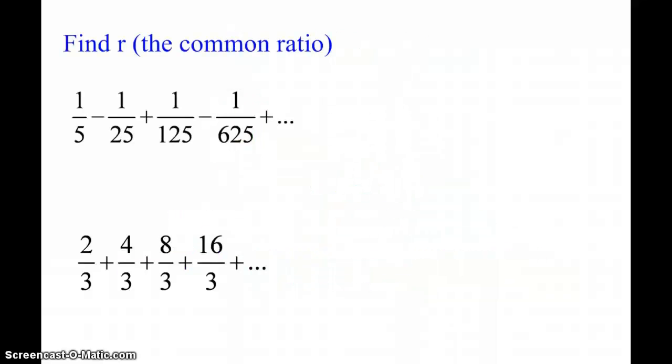If we were asked to find the common ratio r, which we usually are not, we're usually just given the nth term, and all we have to do is recognize the fact that it is a geometric sequence. So let's say we wanted to find r. We could take any two terms in the sequence, and we're going to divide the rightmost term by the term to the left of it.